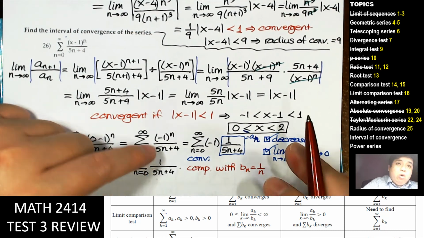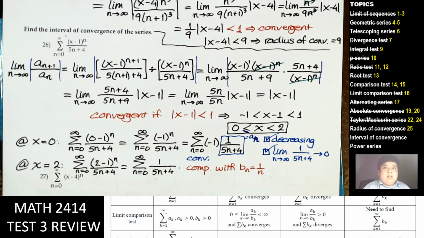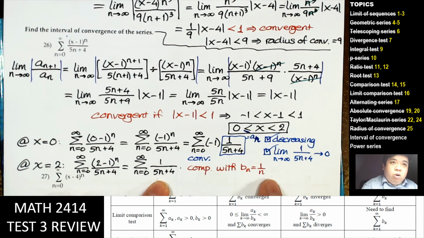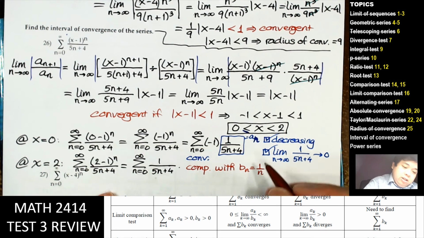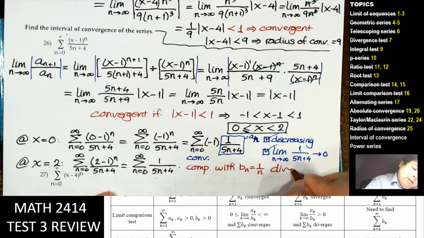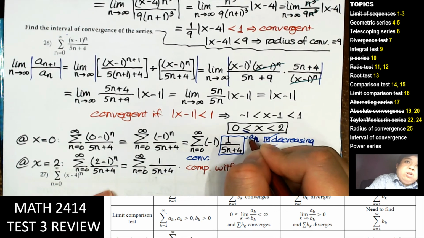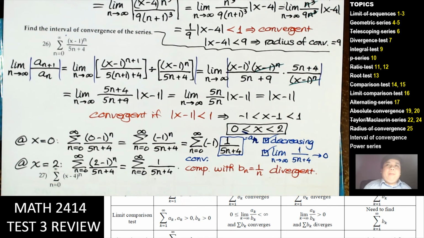You take the ratio of these two, it is a constant, a finite number. So both of them converge or both of them diverge. This one, the harmonic series, diverges. So does this one. So it's divergent. So we only have equal to 0 but not equal to 2.